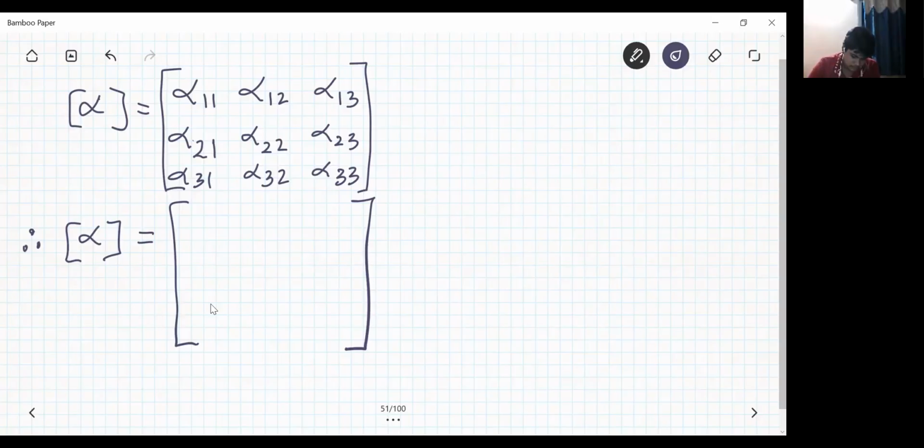That comes in the horizontal way, first row. First row it will come. So minus 7, minus 4, 3.